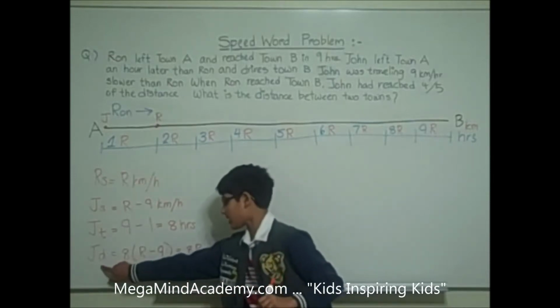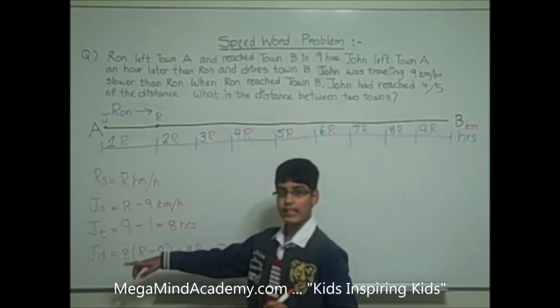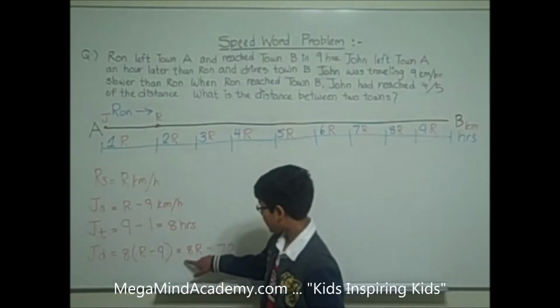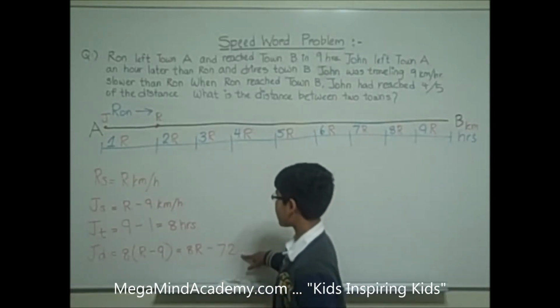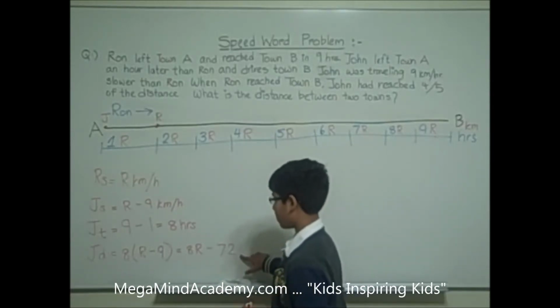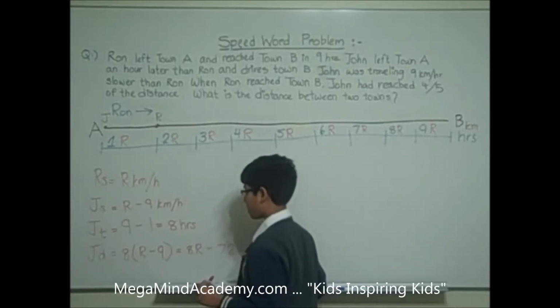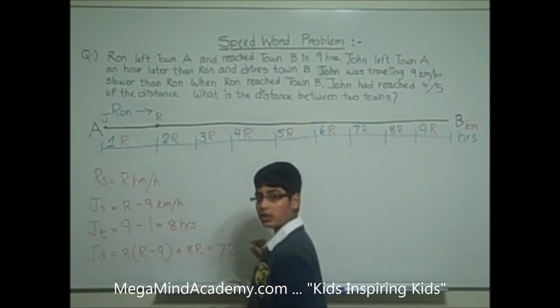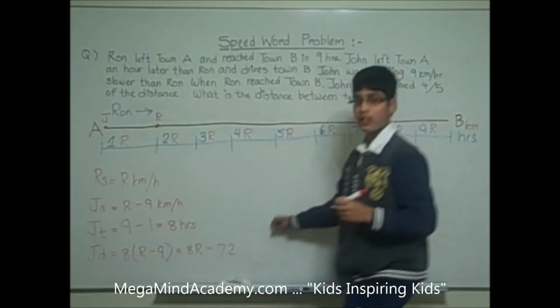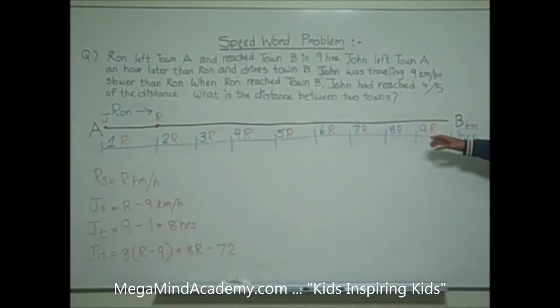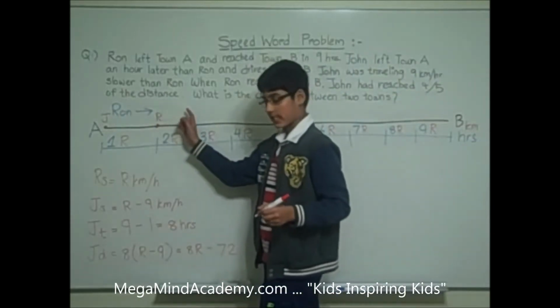So John's distance that he traveled in 8 hours is 8R minus 72 kilometers.